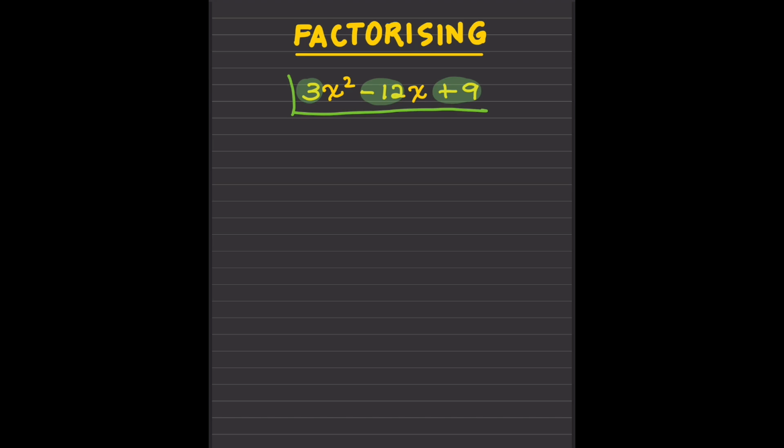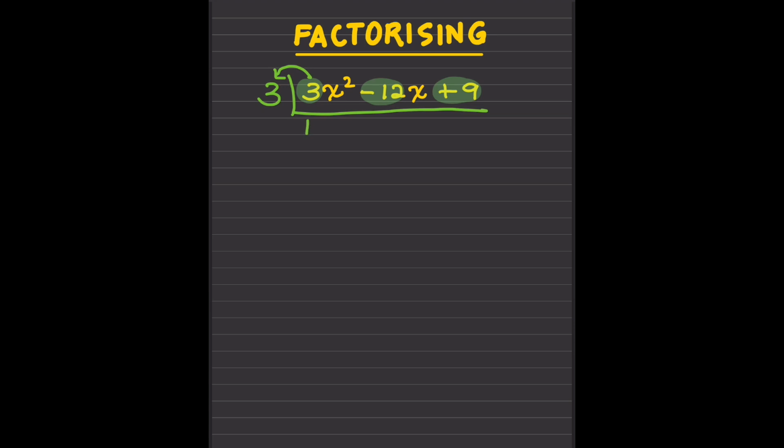So you have 3, negative 12, and 9. Can you simplify it? What is the common factor? Okay, 3. So 3 divided by 3, remember, we are dividing, okay, is 1.